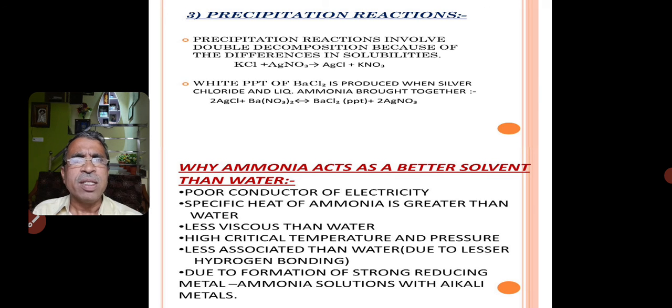Liquid ammonia is less viscous than water. It has high critical temperature and pressure. It is less associated than water due to lesser hydrogen bonding. It is due to formation of strong reducing metal ammonia solutions with alkali metals.